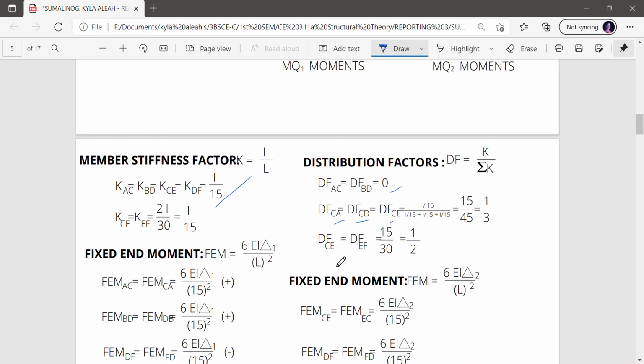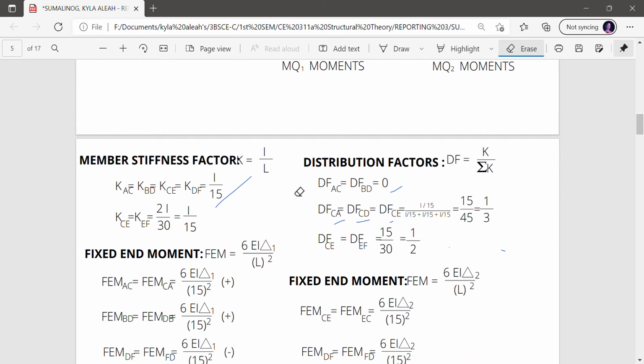And for EC and EF, the K will be I over 15, and the denominator will be I over 15 plus I over 15, that will be I over 30. So the numerator is I over 15, that would be equal to 1/2. So we already have our distribution factors and our member stiffness factor.